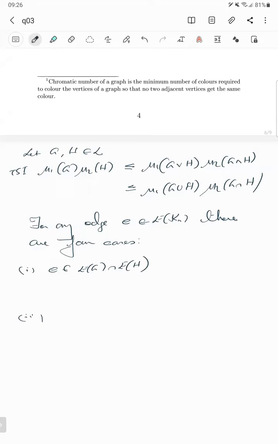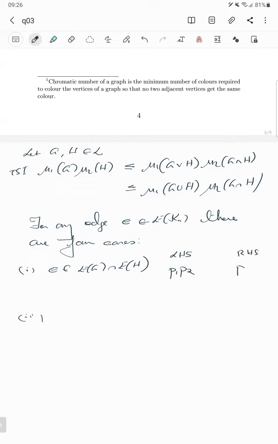What happens to the left-hand side, and what happens to the right-hand side? Maybe you should go by what you had written, it is cleaner than what I had thought. The LHS will have P1 and P2, because E is in G, so it's P1, not 1 minus P1, and E is in H, hence it's P2.